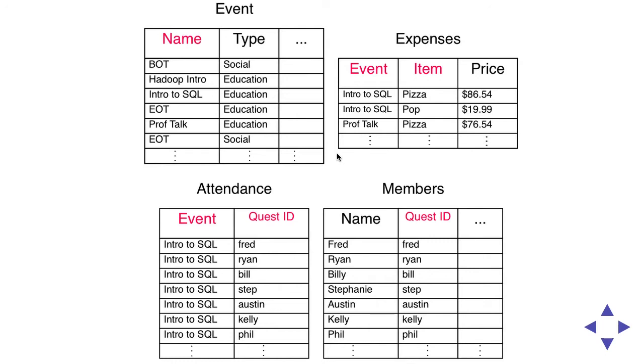For instance, Fred here went to Intro to SQL. That basically isn't there. And there are several members, so there's only one Fred here. There's only one Ryan. Okay.